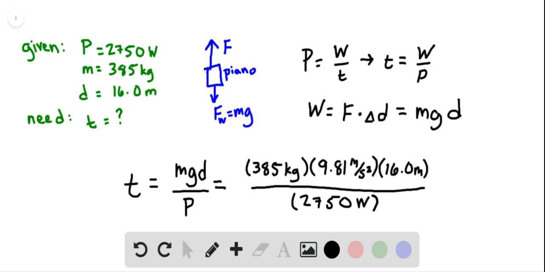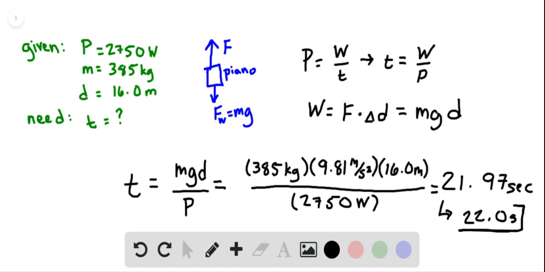And what we end up with, which I'll give you a second to calculate it before I write my answer, is going to be 21.97 seconds, or as I said with the correct number of sig figs, 22.0. And as always, we box our answer to the question so that everybody can be sure this is what our final result is.